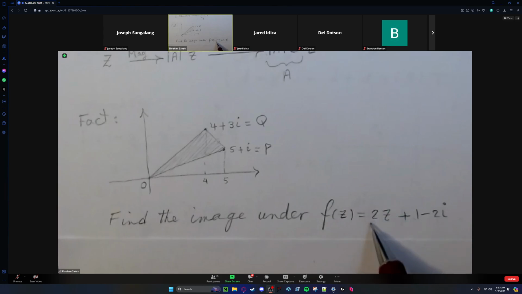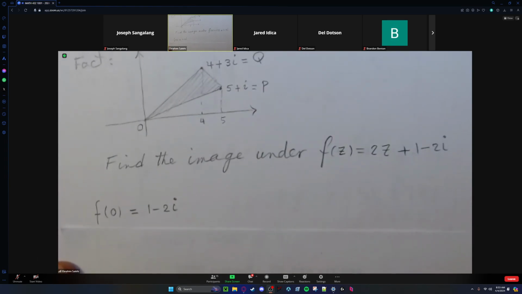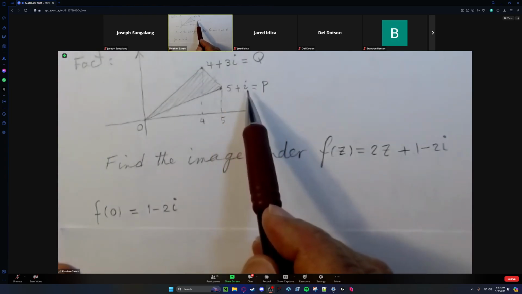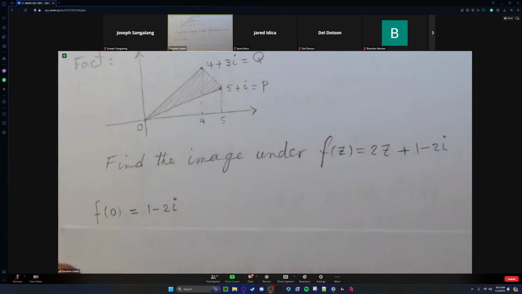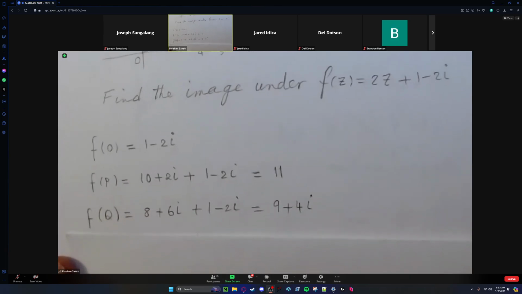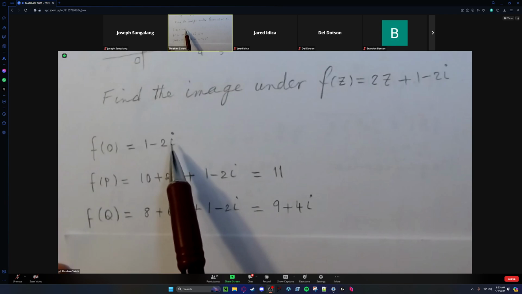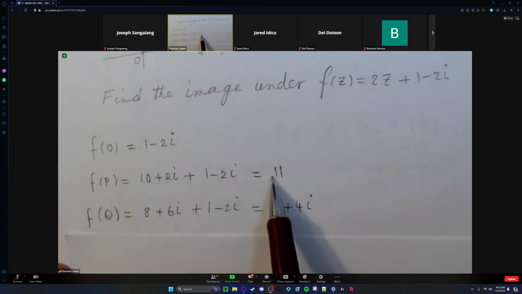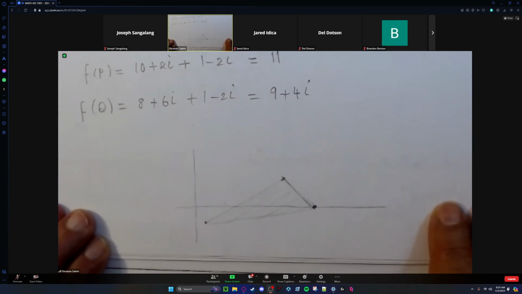If you put 0 here, you get 1 minus 2i. What is the image of 5 plus i? Point P. And here's point Q. You plug in here and find the image. So 0 will be mapped to this one, P here, Q here. Putting them together in the UV plane, this is the image.